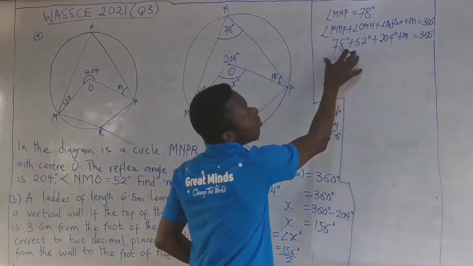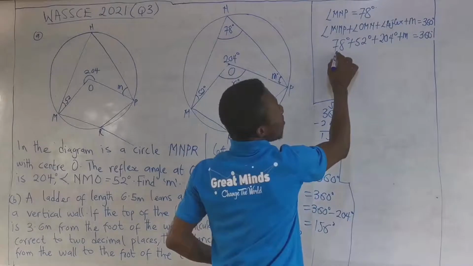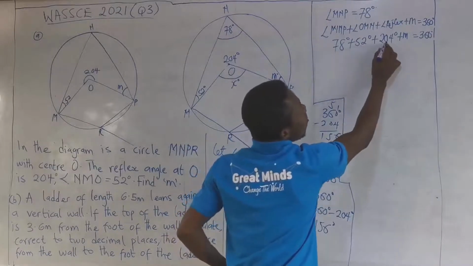So once we're able to get these values down, we add. So 78 plus 52 plus 204 will give me what?